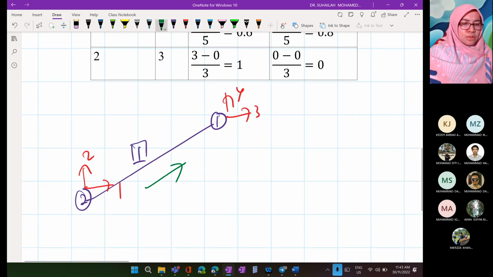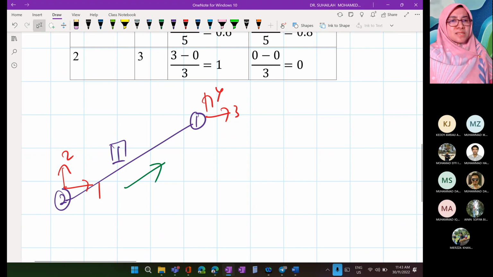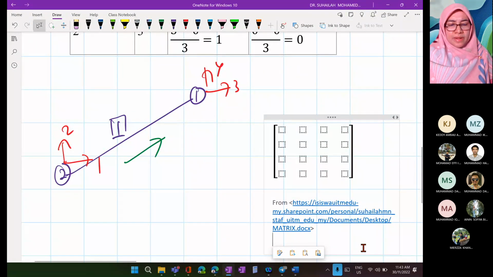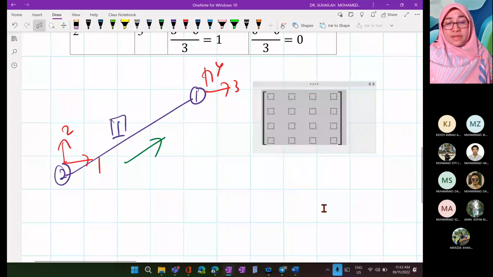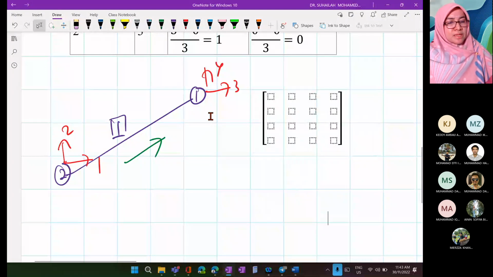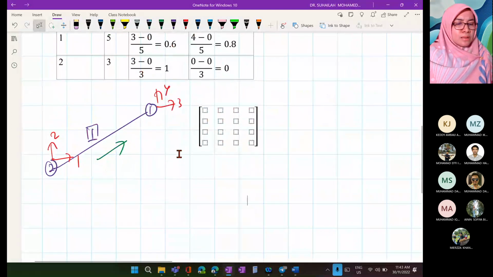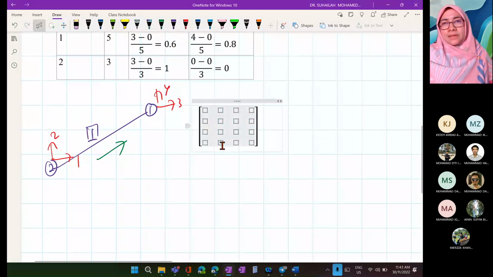So we will now establish the stiffness matrix. For the element stiffness matrix, we label using a small letter k.